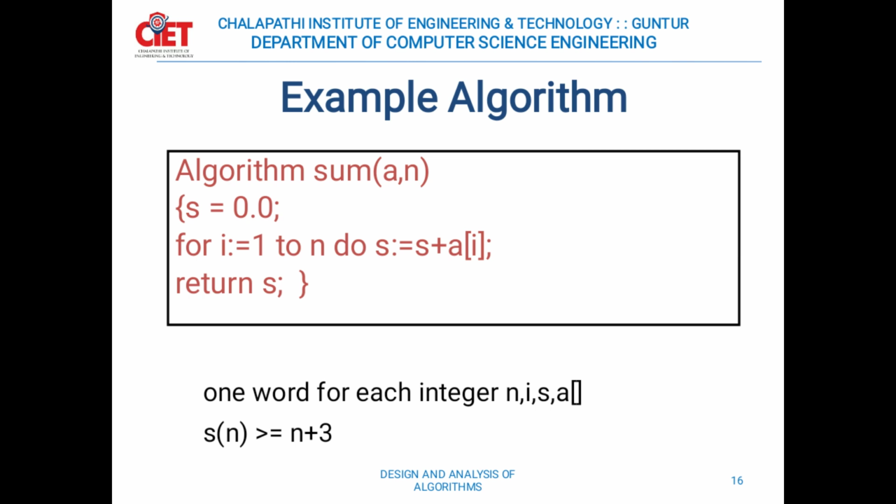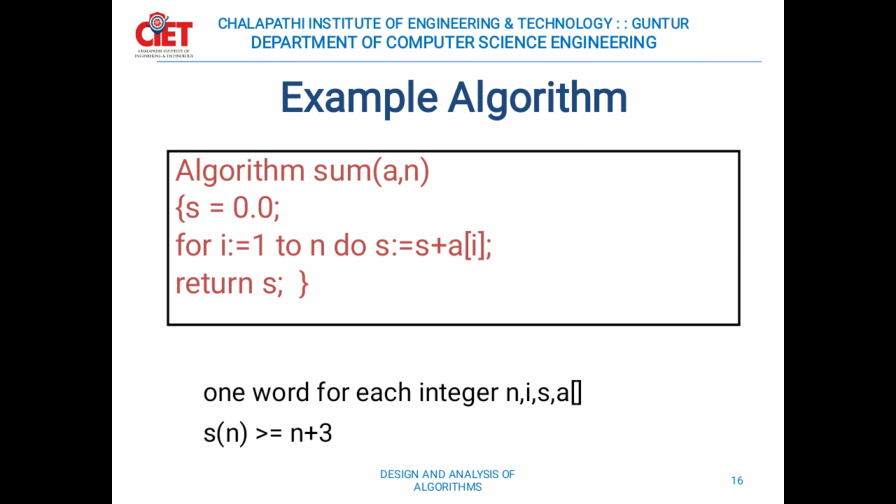Here, for the space required, we assume one word for storing each variable, one word for each integer. So here, how many variables? i is one variable, s is another variable, the starting address of array A also takes one word to store, and n takes one word.